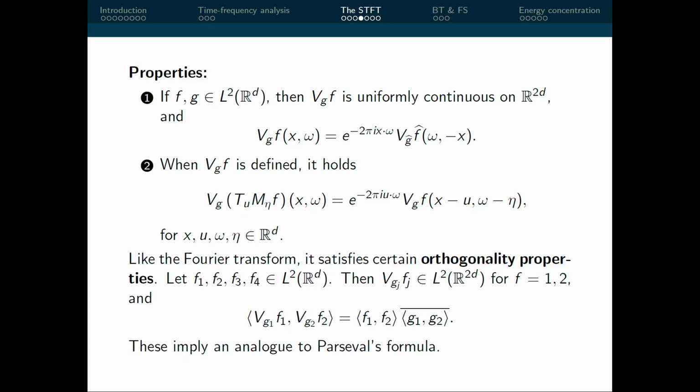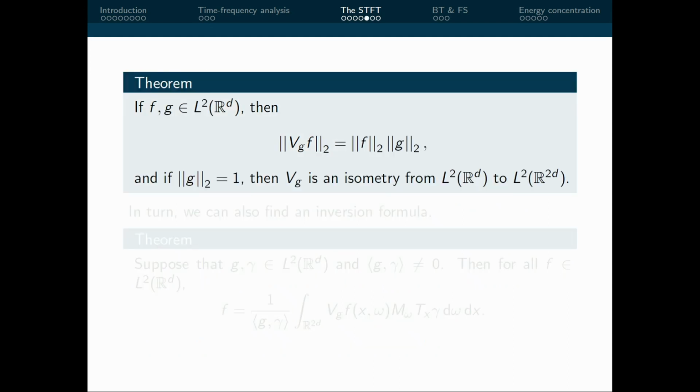And then it also satisfies some nice properties that are similar to those of the Fourier transform. So it satisfies some orthogonality properties, and these yield a sort of Parseval or Plancherel formula.